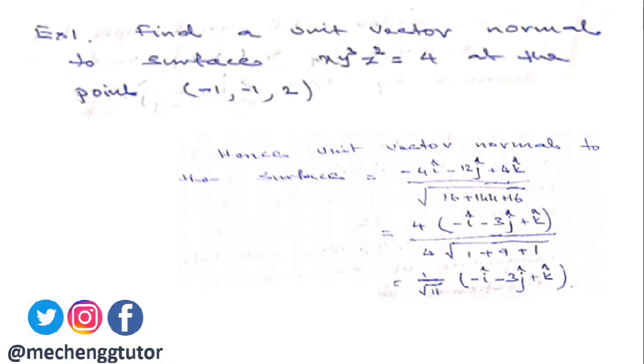From the numerator, take out 4 common, so what remains is -i - 3j + k. In the denominator, you can take out 16 common outside the square root sign, which gives 4, and inside it is 1 plus 9 plus 1. Cancel the common factor 4. So the final answer is 1 upon root 11 into the bracket (-i - 3j + k). This is the required answer, the unit normal vector to the given surface at the given point.